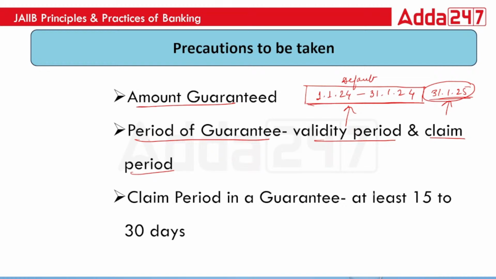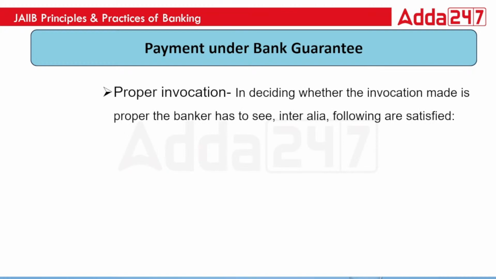Claim period in a guarantee may be at least 15 days to 30 days. More will be given in case of claim period. There should be proper invocation. Whenever a party invokes the guarantee, there are a few things that they have to keep in mind.